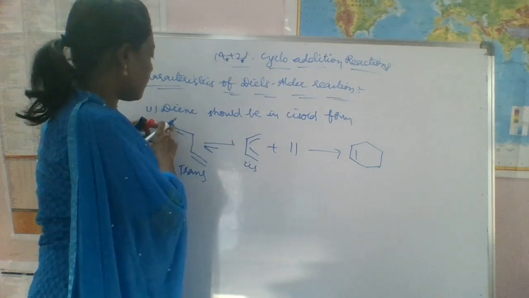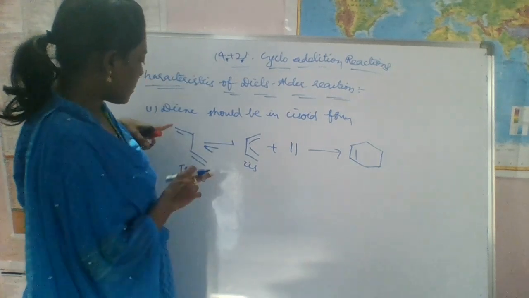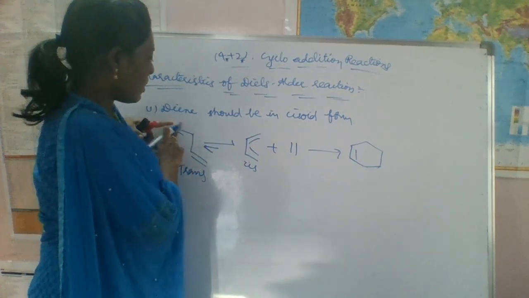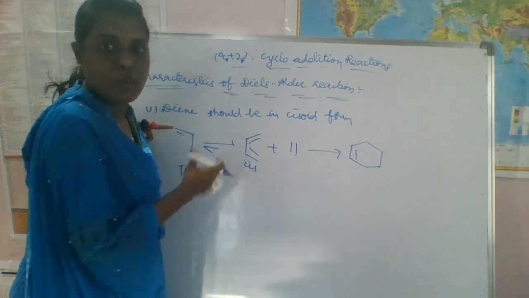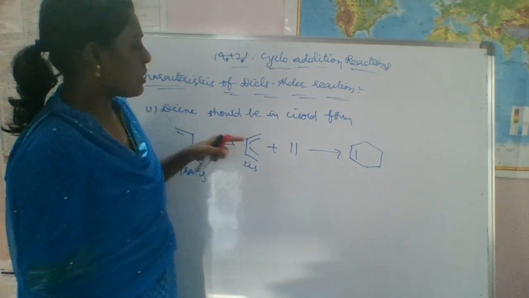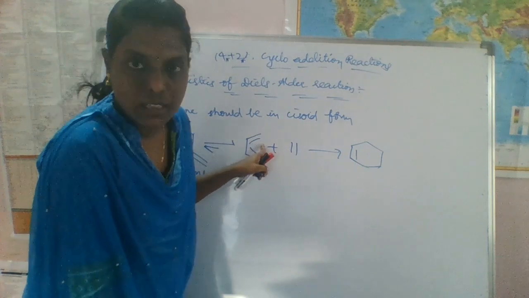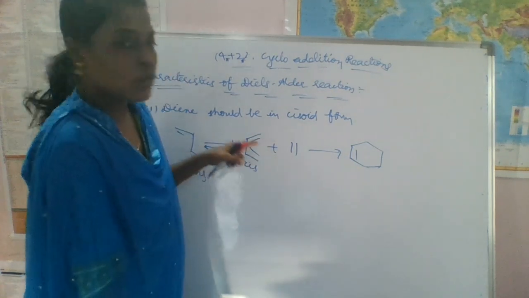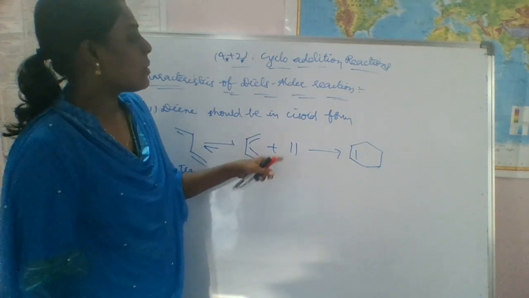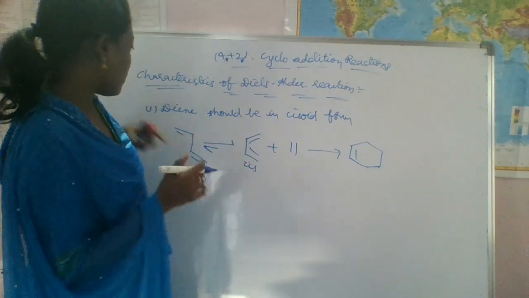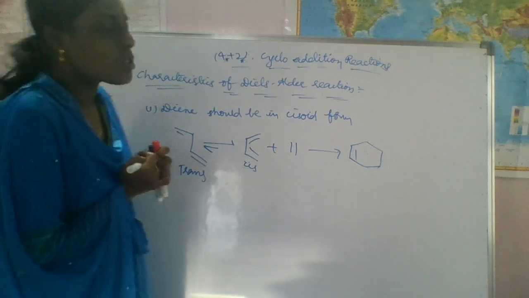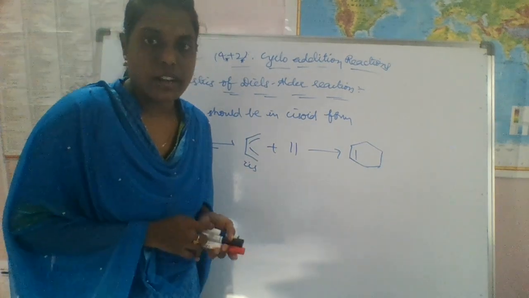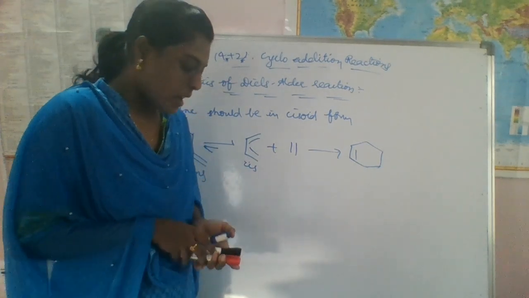This trans is not in the right direction to make the bond, right? Okay. So this mode is comfortable to make the bond with this ethene, right? So that's why it will give the product. Otherwise, what is this? Diene should be in cissoid form, not in the trans form, right?